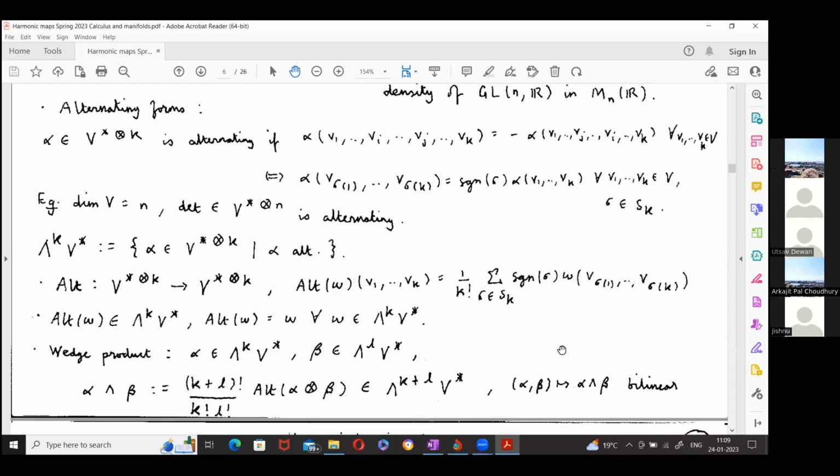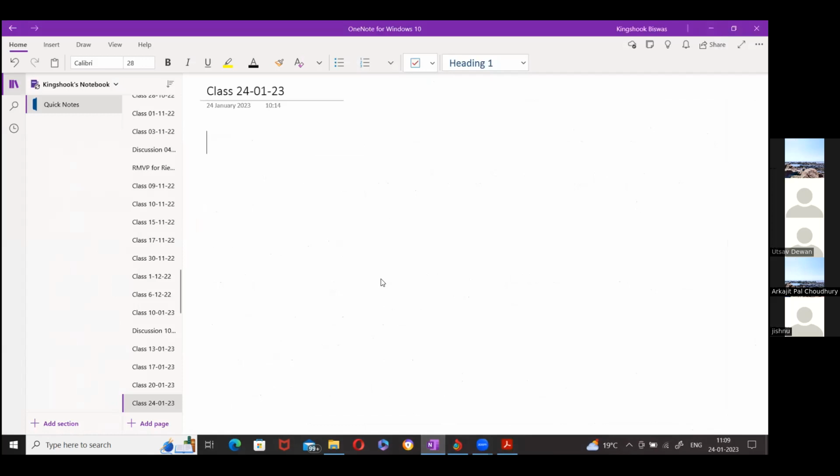Okay. So actually what we're doing here is the following. The symmetric group S_k actually has two actions on the space of k-multilinear functions by permuting the arguments of the multilinear function.